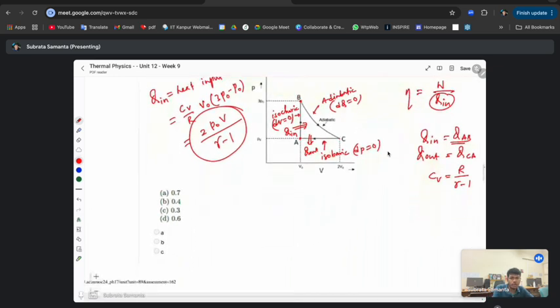So next you have to calculate the work done. How to calculate the work done? The work done W is basically the sum over the 3 processes: W A to B plus W B to C plus W C to A. The work done for A to B is at constant volume, so there is no work done.